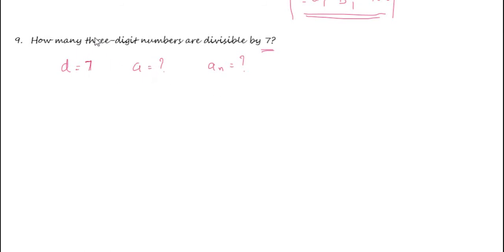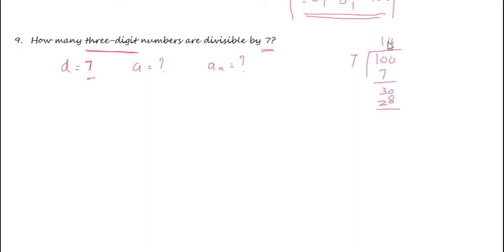It is a 3-digit number. Let us find out the first 3-digit number divisible by 7. We know the first 3-digit number is 100. Let us divide by 7. 7 1s are 7, 30, so it is 4, 28. 7 14s are 98.